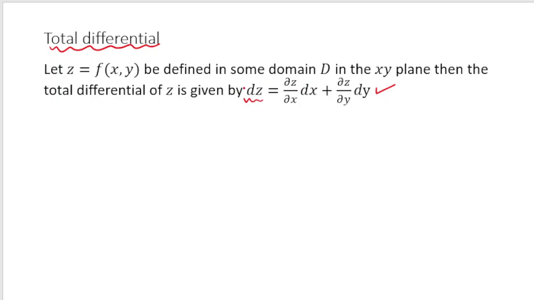So total differential is actually used to find the approximation for the change in z for a small change in x and a small change in y. So dx gives you the change in x, and dy gives you the change in y, then dz gives you the change in z, right? So this is how it is defined, and this is how it can be calculated.